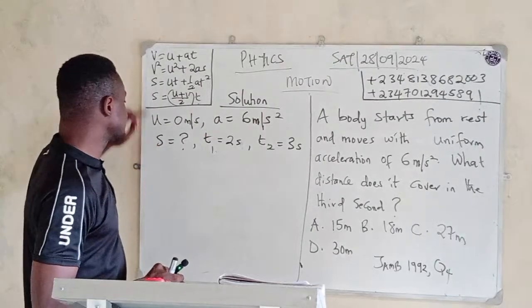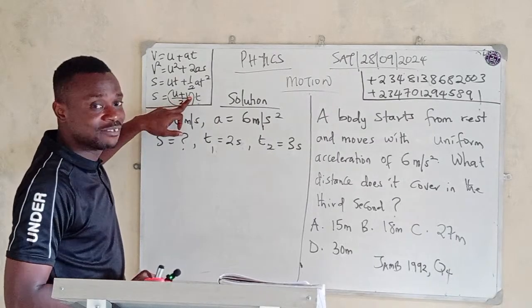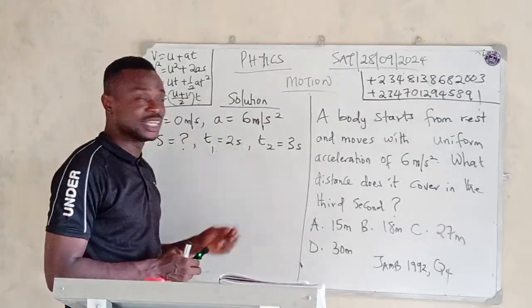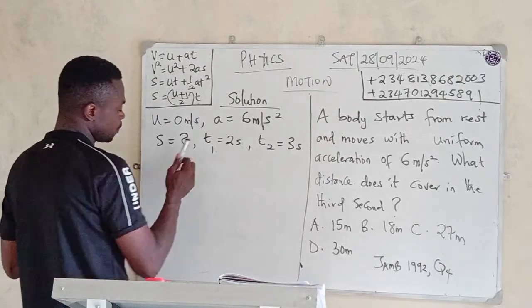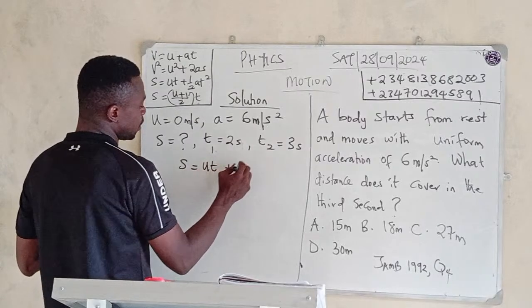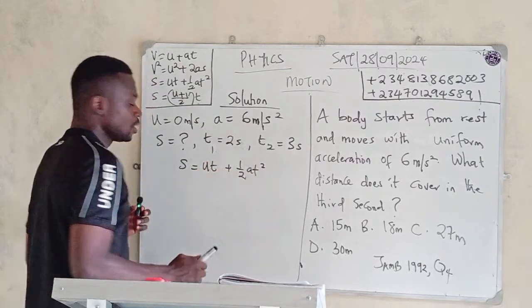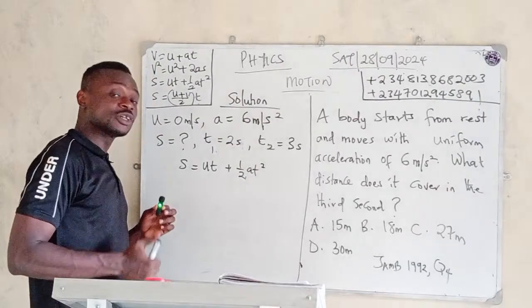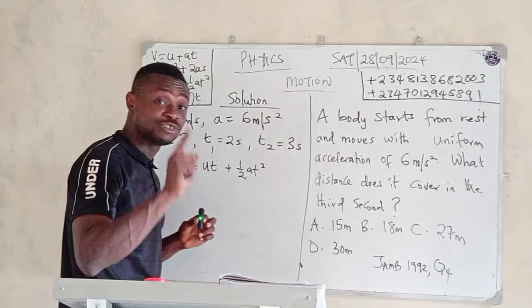This one has S, distance, but this one has V, final velocity, but there is no final velocity here, so we cannot use this one. So we are going to use this one. So we have S is equal to UT plus half AT squared. But remember, I said we should find the distance covered in 2 seconds.